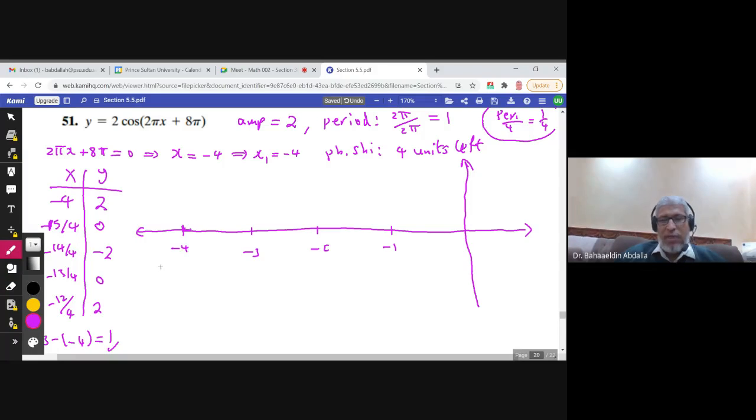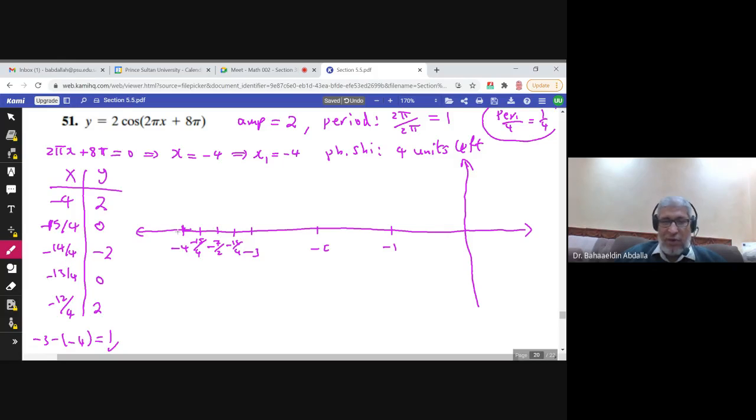And you need negative 3.5, which is 14 over 4, 7 over 2. This is negative 7 over 2. And here we have negative 13 over 4. And here we have negative 15 over 4. So these are the five key points: negative 4, negative 15 over 4, negative 7 over 2, negative 13 over 4, and negative 3.